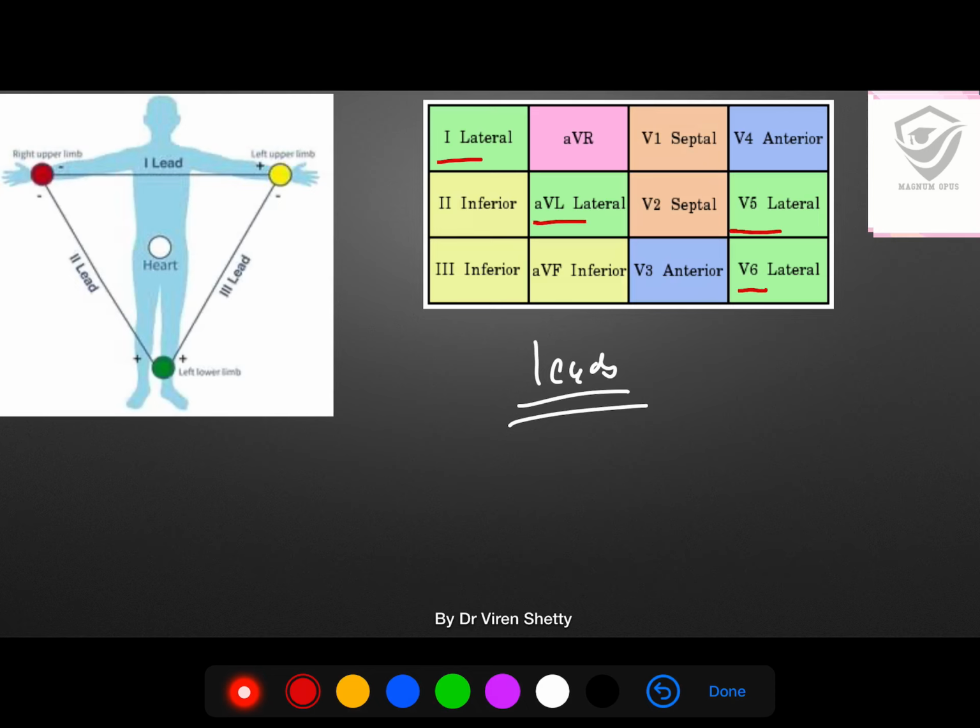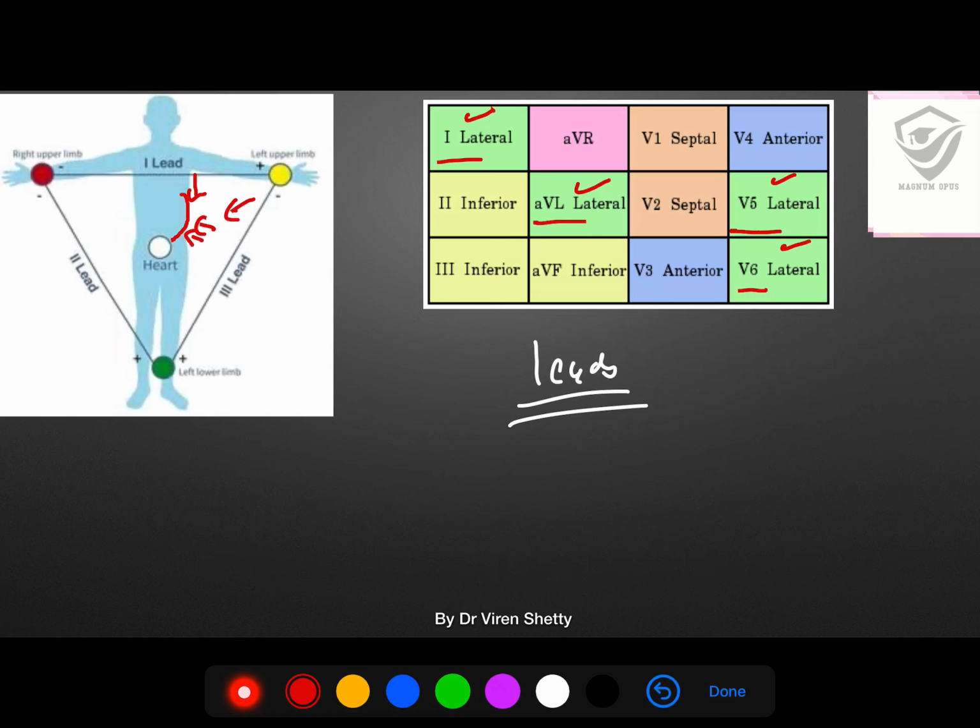Now lead 1 is looking at the heart from this angle. Lead AVL is looking at the heart from this angle, and lead V5, V6 are looking at the heart from this angle. So they are basically covering the lateral wall of the heart. Hence, if you have a lateral wall MI, you will have changes in lead 1, lead AVL, lead V5 and lead V6.